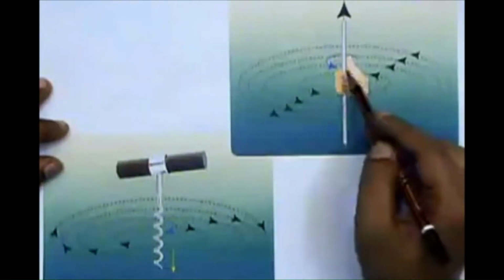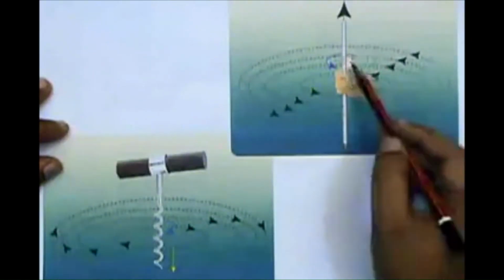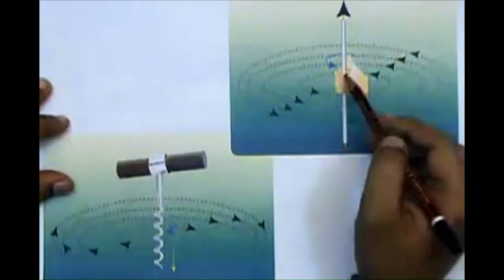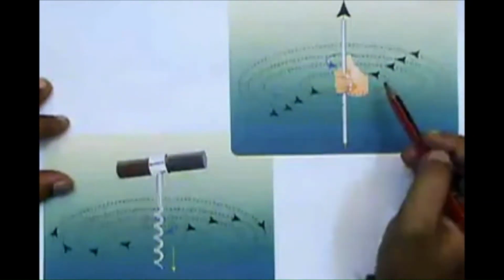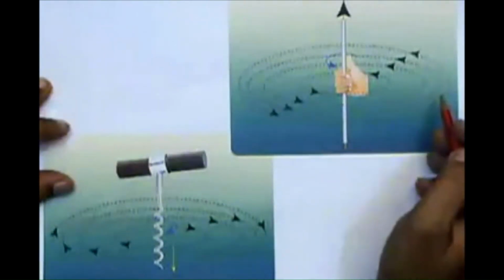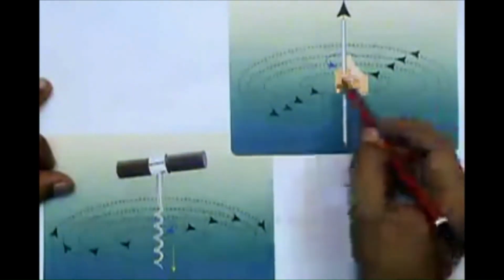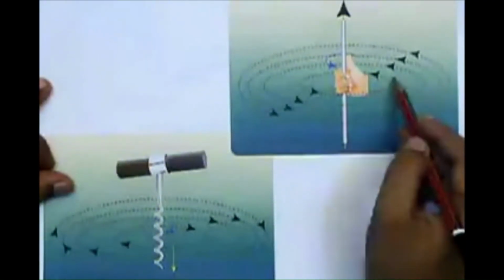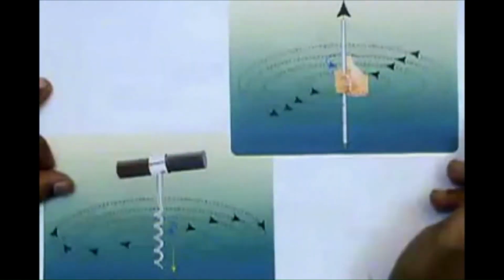Imagine your right hand holding the wire in such a way that the thumb gives the direction of the current. Then the curled fingers will give you the direction in which the magnetic field lines make a loop. As you can see here, the fingers are making an anti-clockwise loop, and so does the magnetic field line.